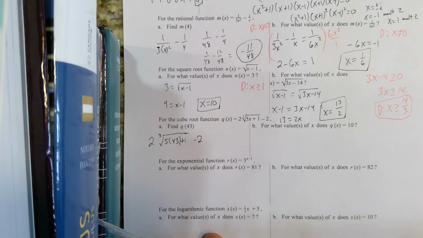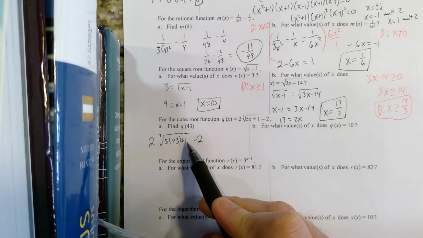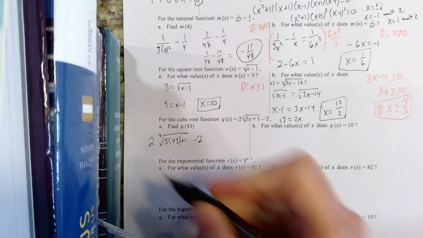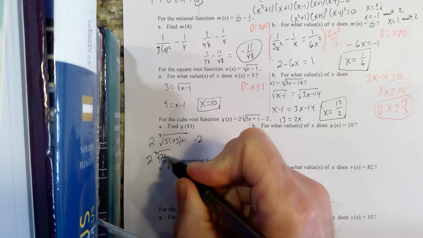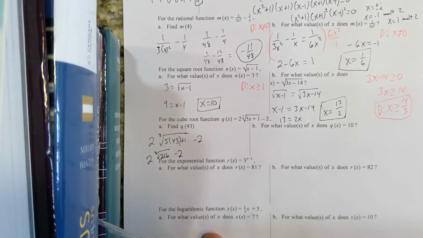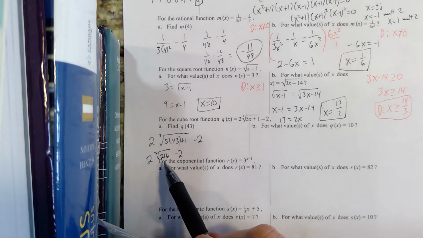All right, 5 times 43, that is 215, plus 1 is 216. Okay, the cube root of 216 is, of course, 6.